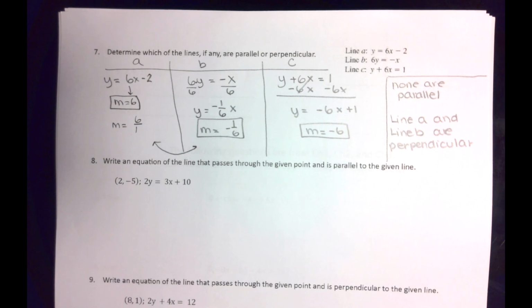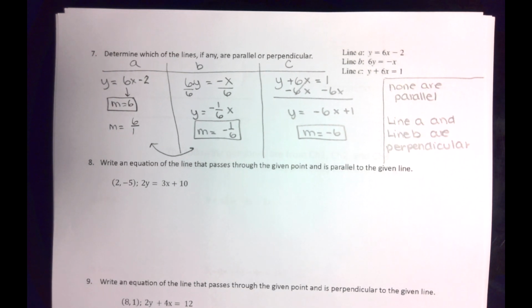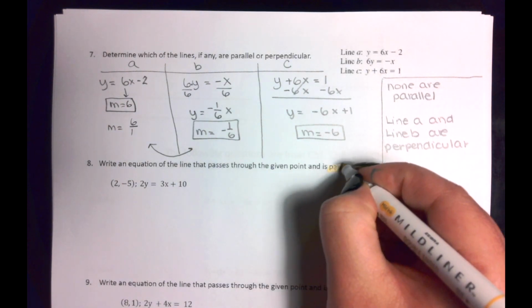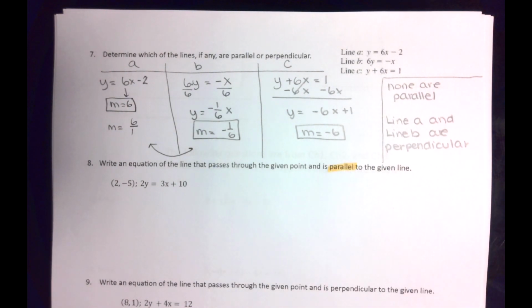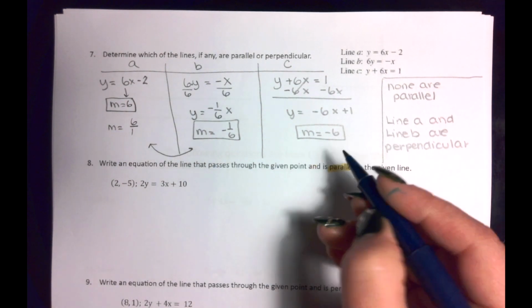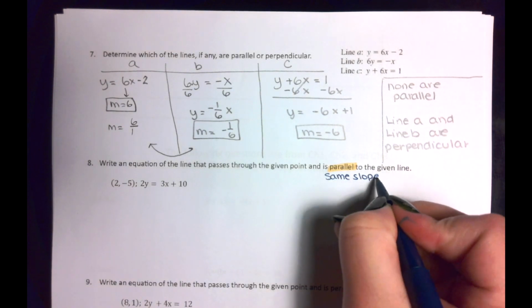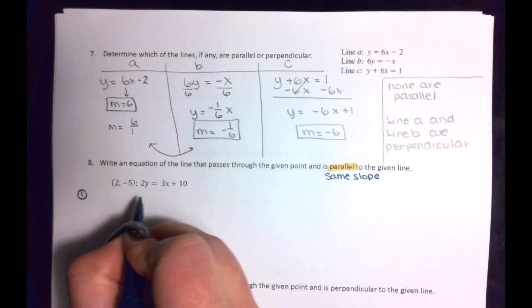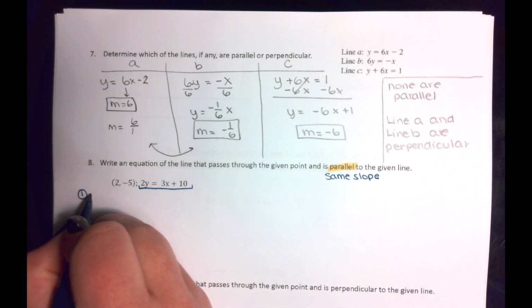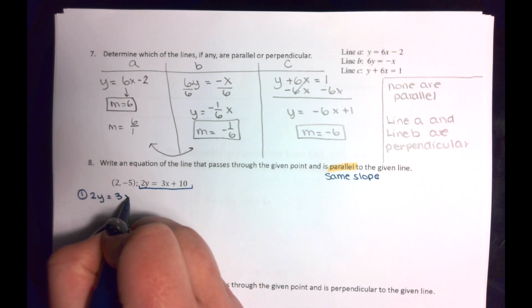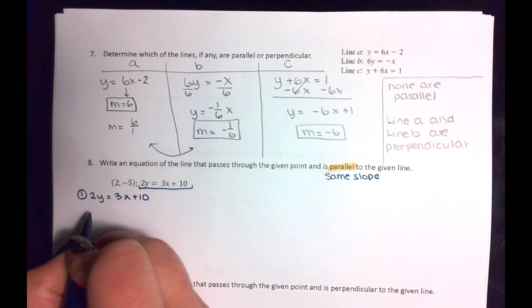All right, next one, write an equation of a line that passes through the given point and is parallel. So here we need keywords. They want parallel, so that means they want the same slope. Step number 1, you're going to identify the slope from the given equation. Write that equation out, make it into y equals mx plus b.